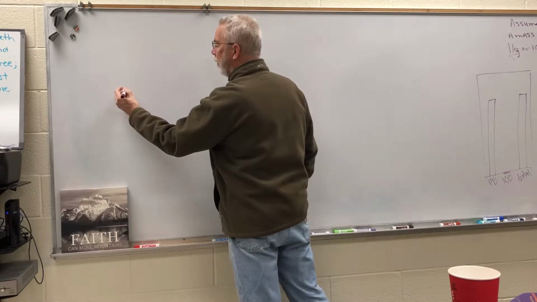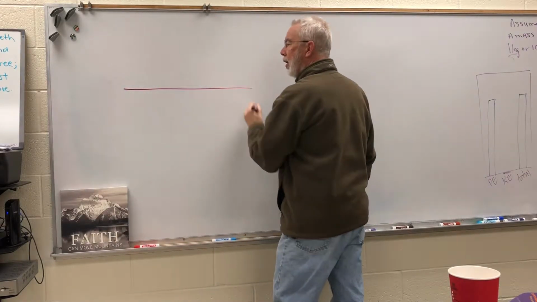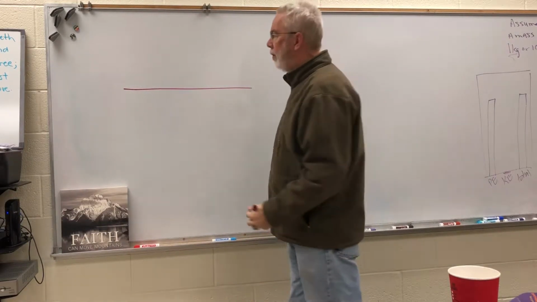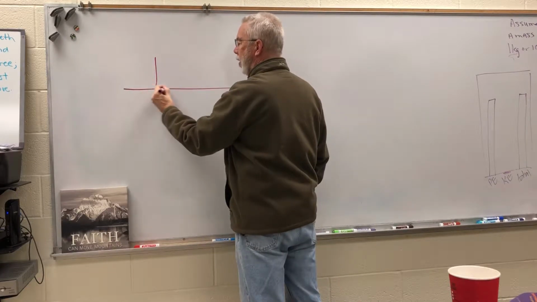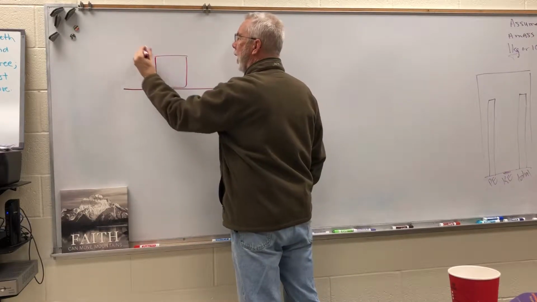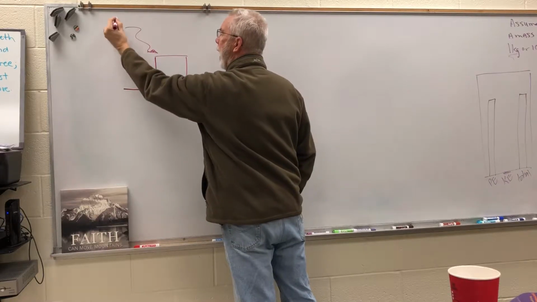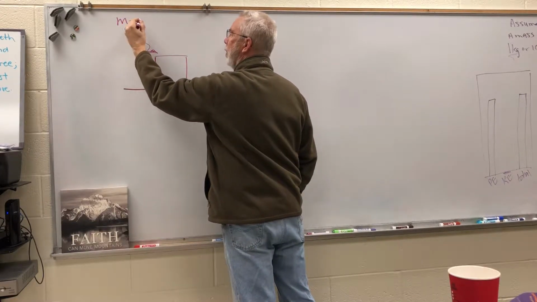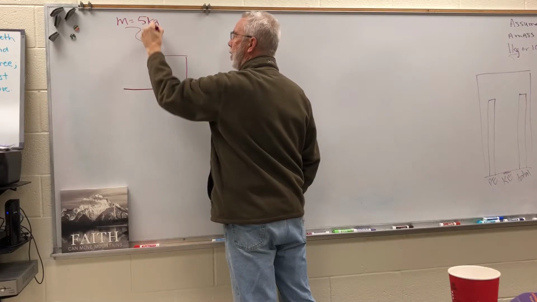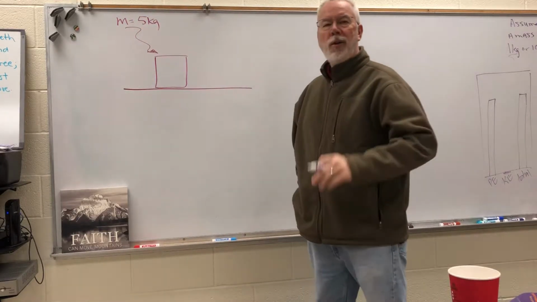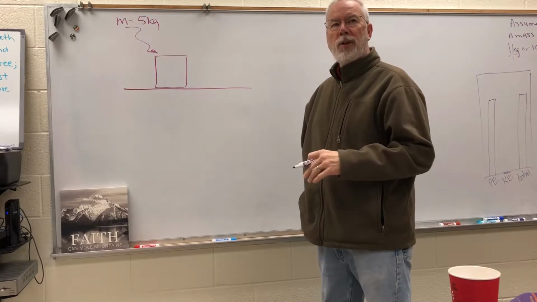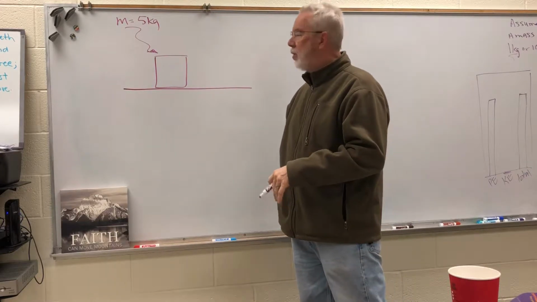So if this is the surface, let's say it's the top of a table, and there was a box sitting on the table, and we usually drew it like this and said that the mass was going to be 5 kilograms. So we're giving you the mass of the box, but we're not telling you the weight of the box.